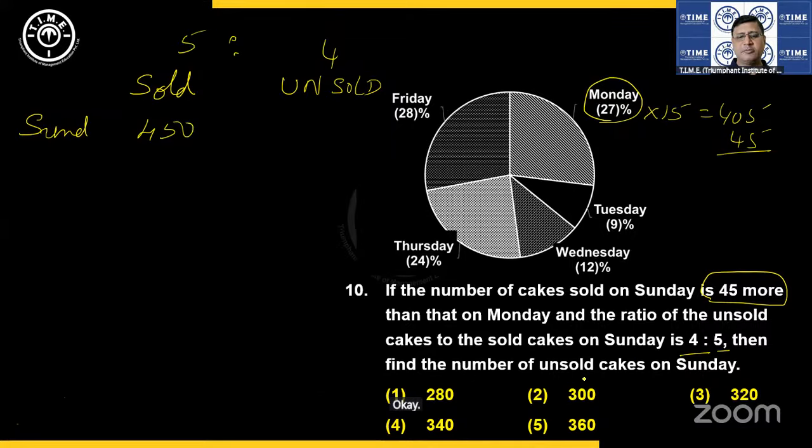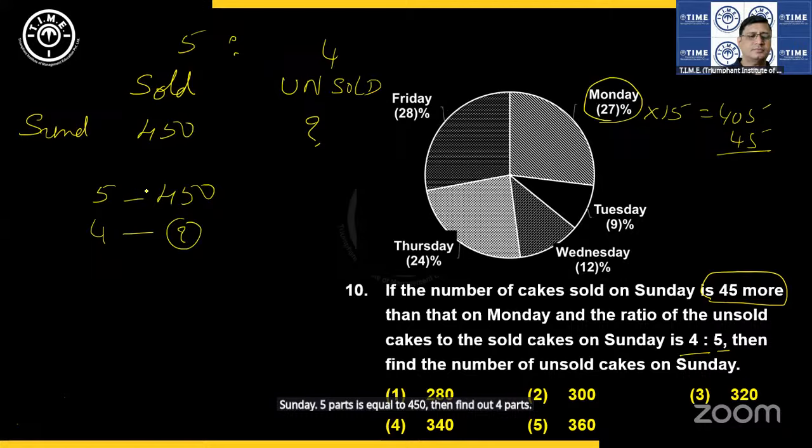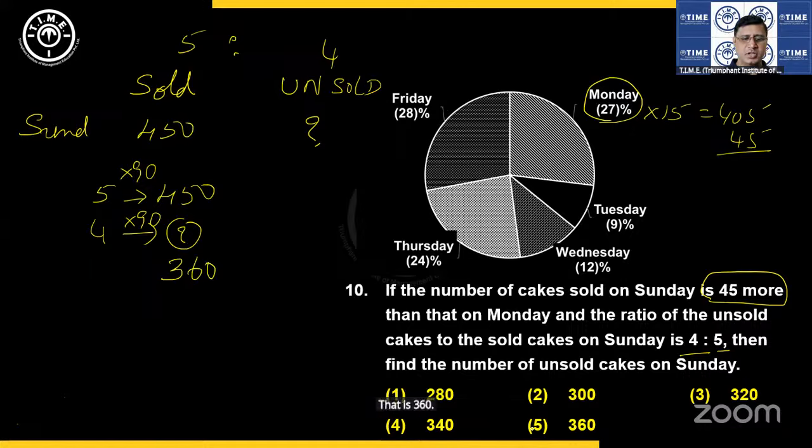Then find out the number of unsold cakes on Sunday. 5 parts is equal to 450. Then find out 4 parts. How many times of 5 is equal to 450? That is 90 times. Just observe, 90 times 4 is 360. The right choice is option number 5. Fifth choice is the right answer.